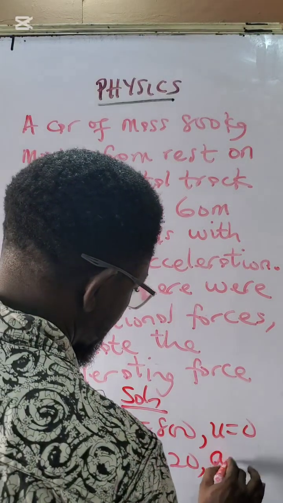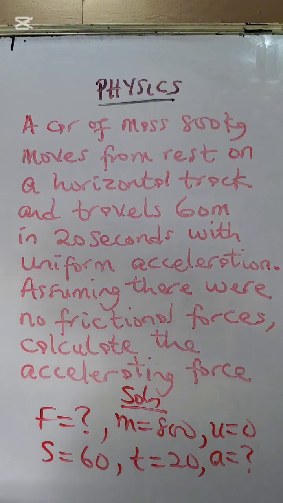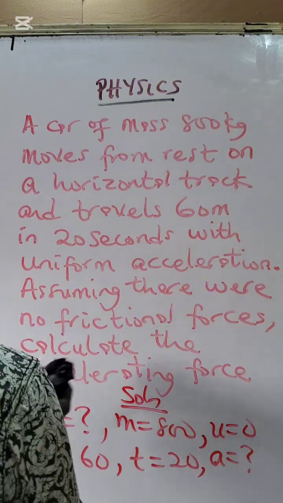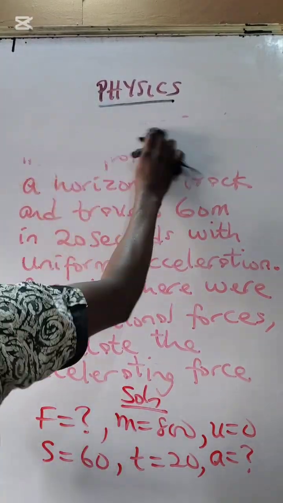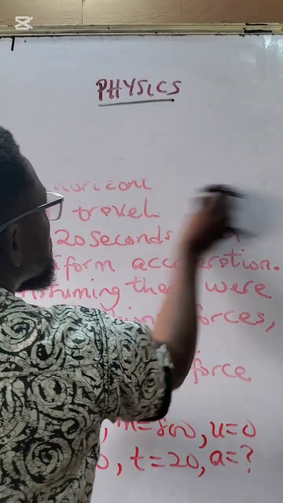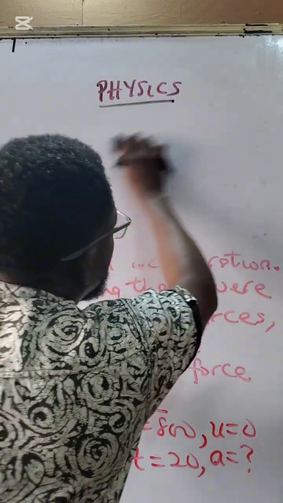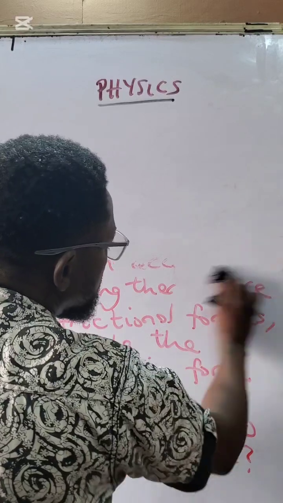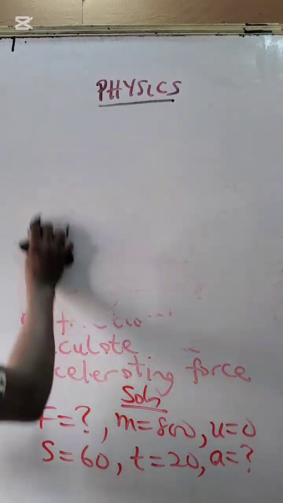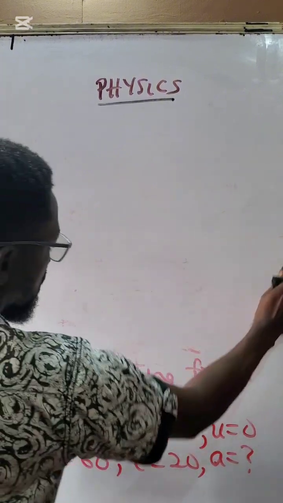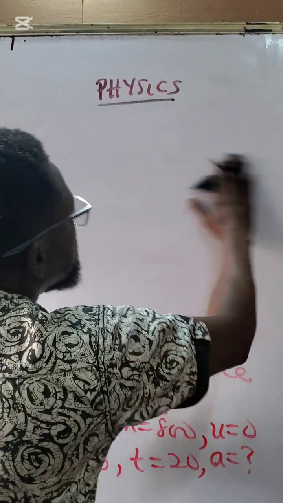So the first thing I will need to calculate is the acceleration. And after obtaining the acceleration, I can then obtain the force. So the object is starting from rest, which means the initial velocity is 0.